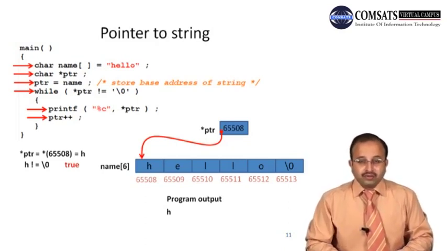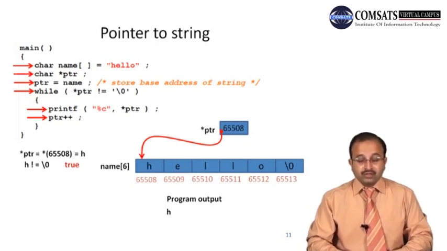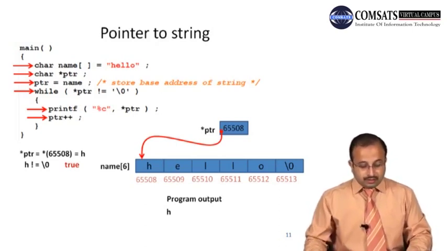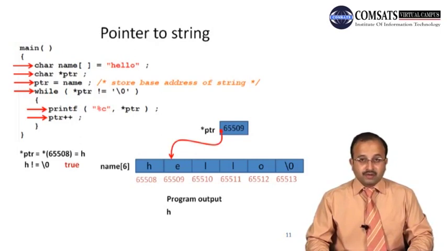Okay, so the next character will be 1 byte away from the current value, and if it is an integer pointer, it points to an integer, it points to a memory location where you have integer values, and the next integer value will be 4 bytes away from the current value. So when PTR plus plus is executed, the value of PTR will become 65509 and it points to the next byte of that memory location.